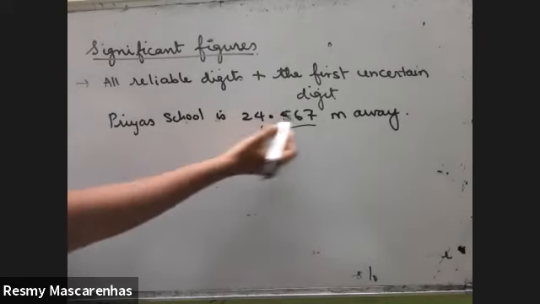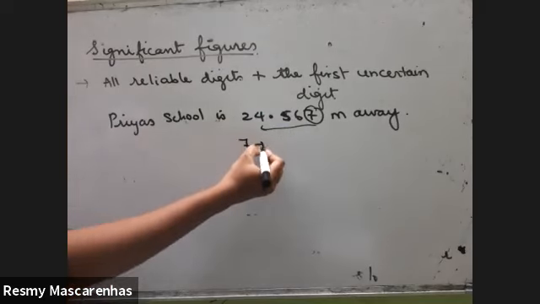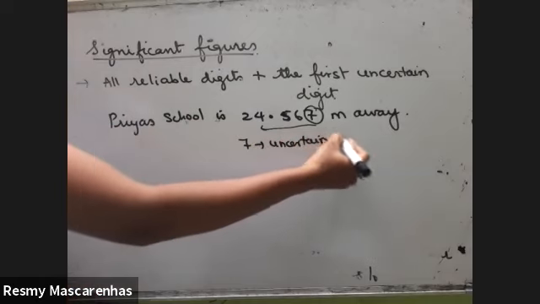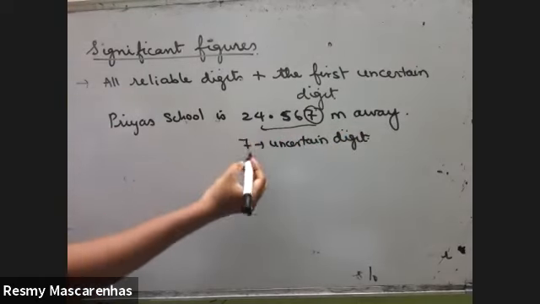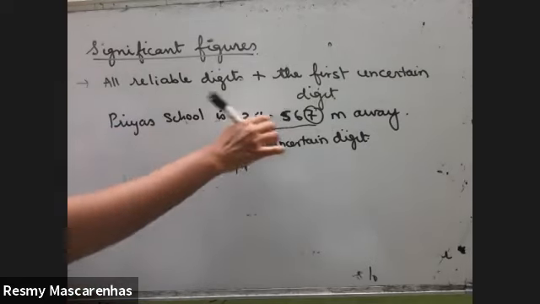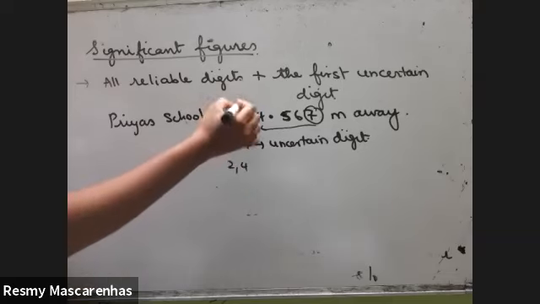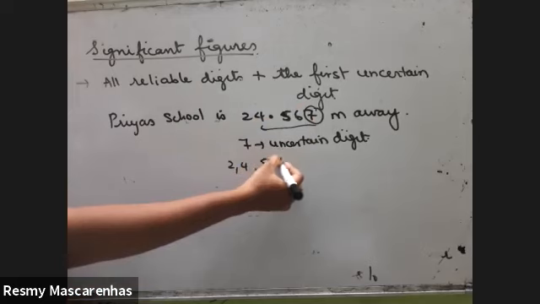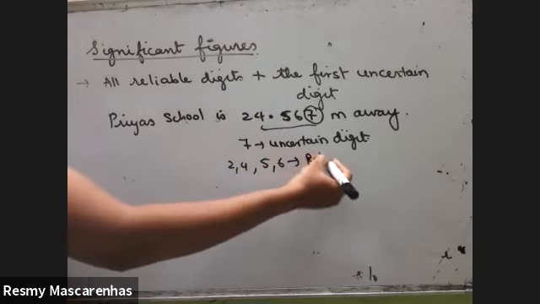So 7 is called the uncertain digit, and the remaining 2, 4, 5, 6 are read separately, not as 24. These are called reliable digits.